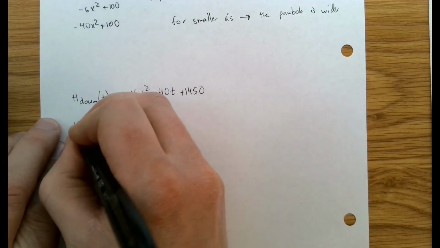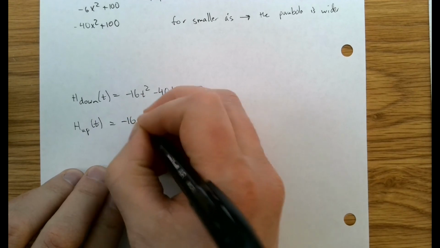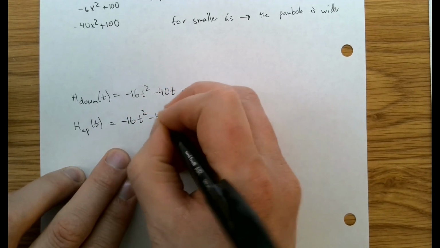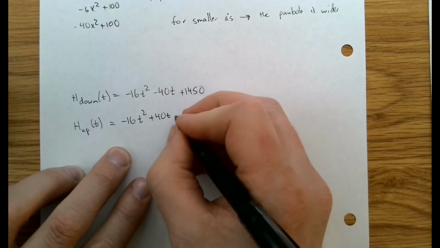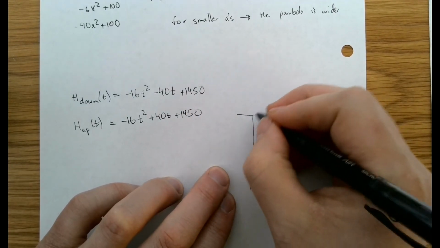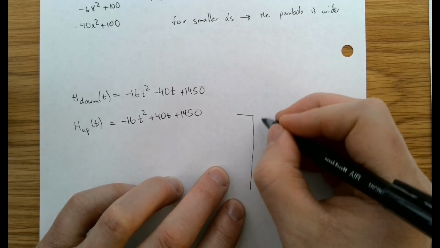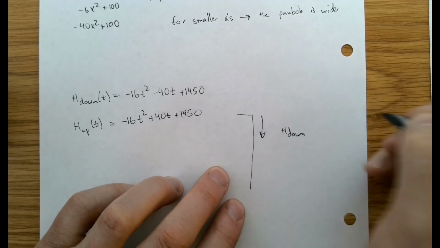And then what if we throw it up with a velocity of 40 feet per second? So if you think about what's happening here, we're on this building, and for the H down, instead of just releasing it, we're throwing it hard down that way.